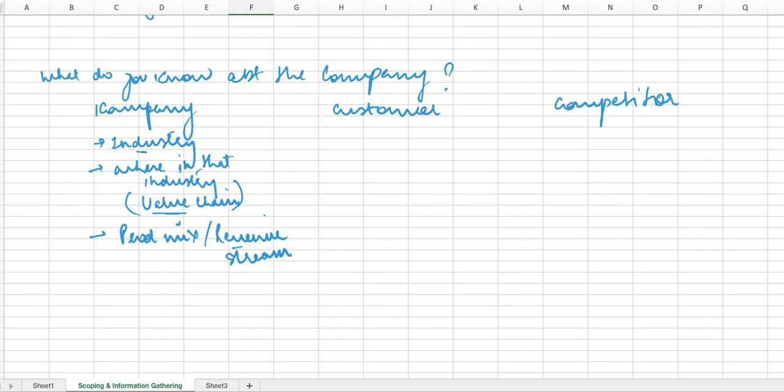And if the problem is only with revenue 3, what is the need for going into revenue 1 and revenue 2? While asking this question, the whole idea is to make your problem narrower and narrower. So we start from here and we make it narrower and narrower so that we arrive finally at the root cause.